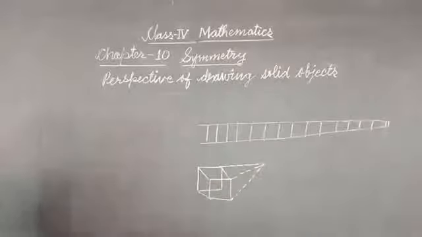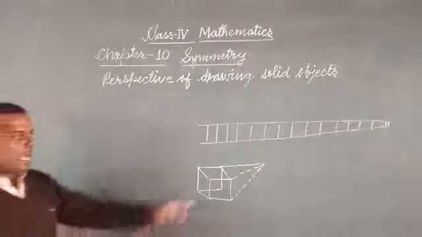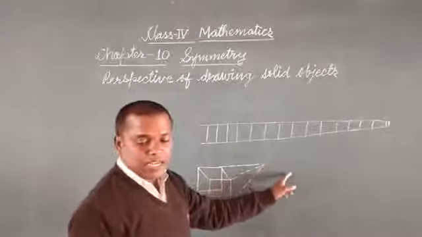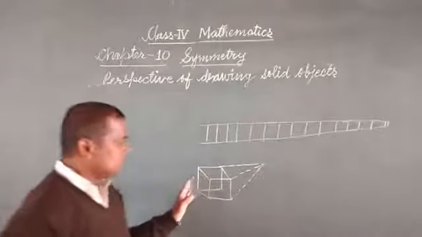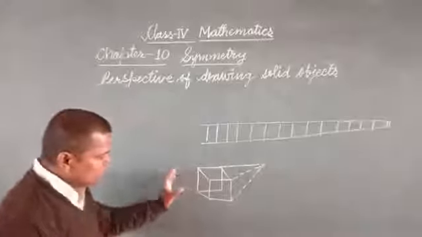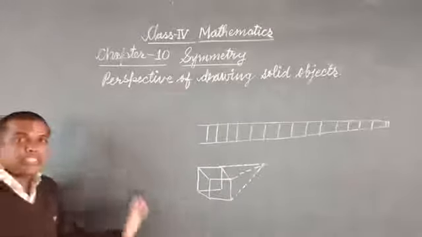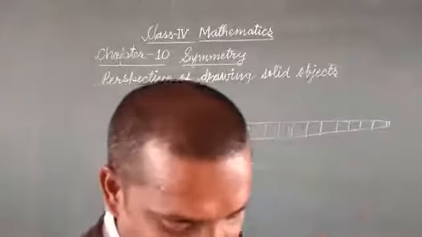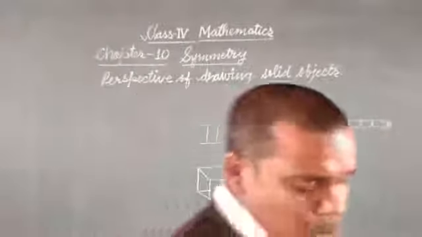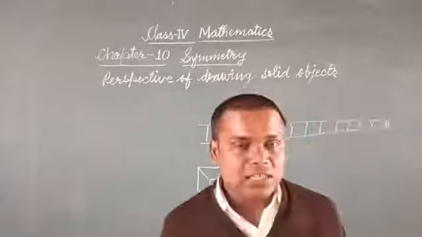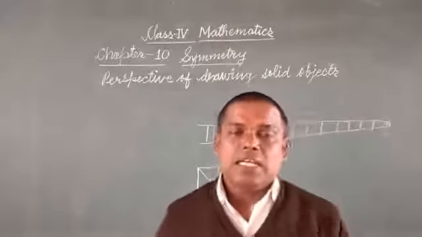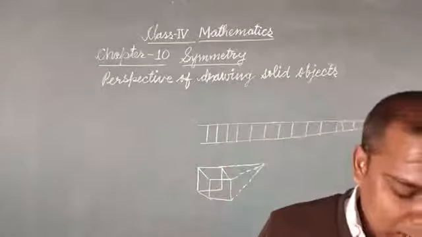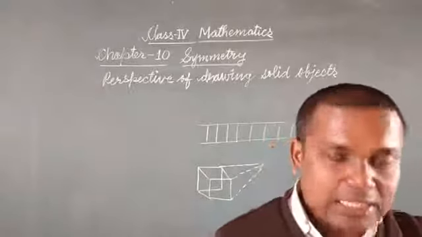If we see from here, then it seems to end here. It means this figure seems to end in its perspective view, but originally it does not happen. Roads you see, railway tracks you see, solid objects also, it happens when we see them.